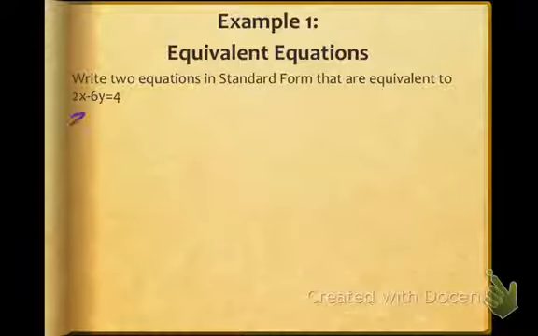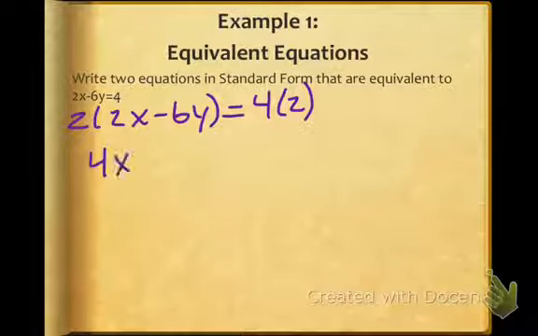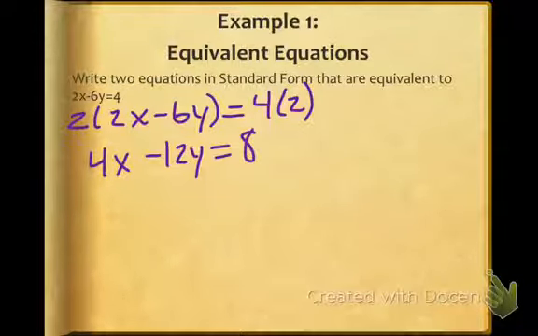So 2 times 2x minus 6y equals 4 times 2. Well, we have to distribute, so that becomes 4x minus 12y equals 8. So that is an equivalent equation, still in standard form, because notice x and y are on the same side of the equal sign.